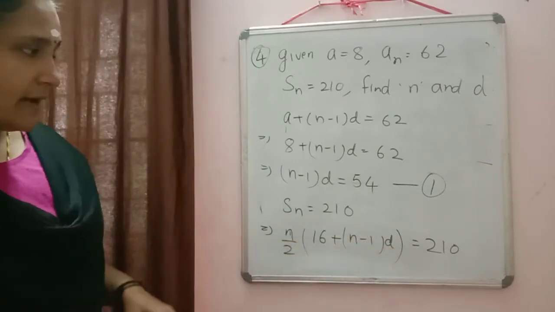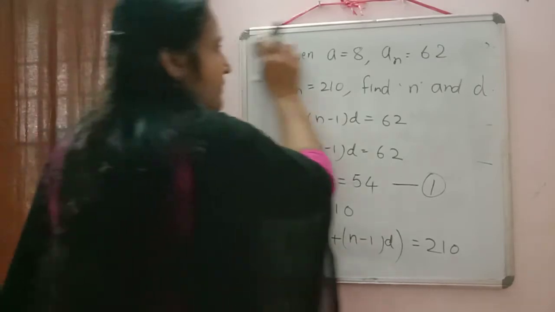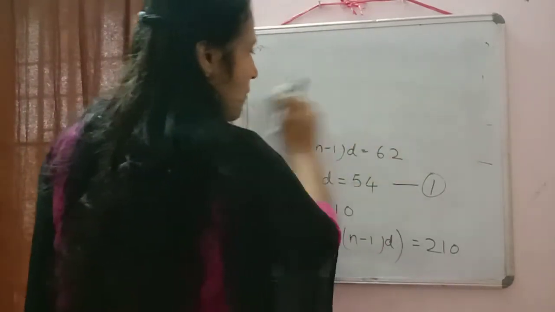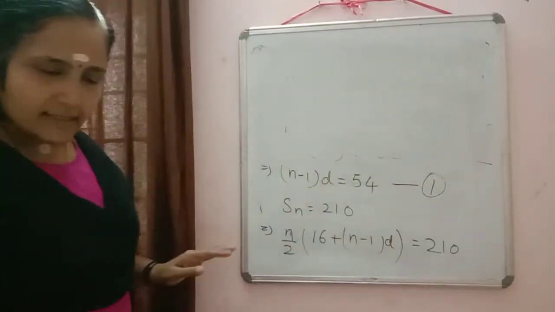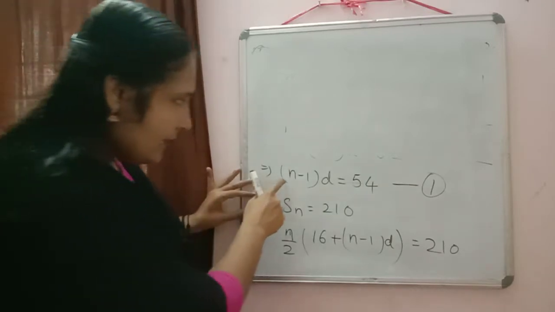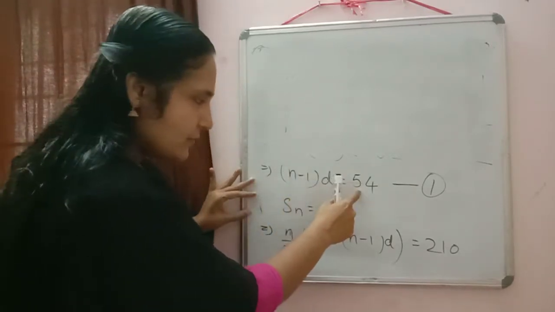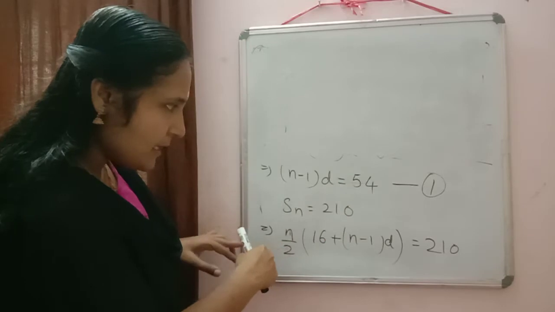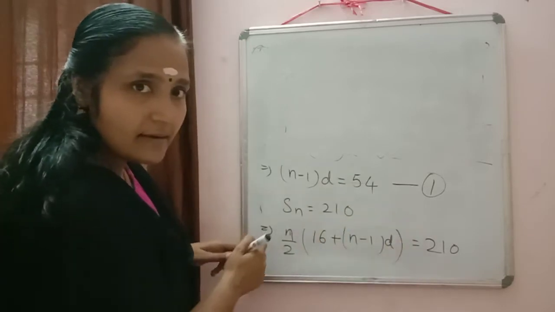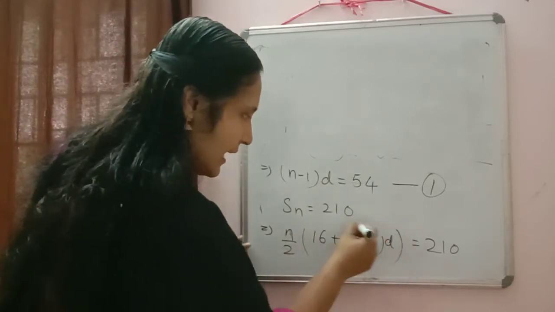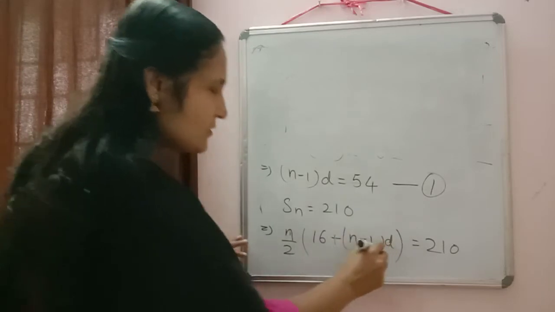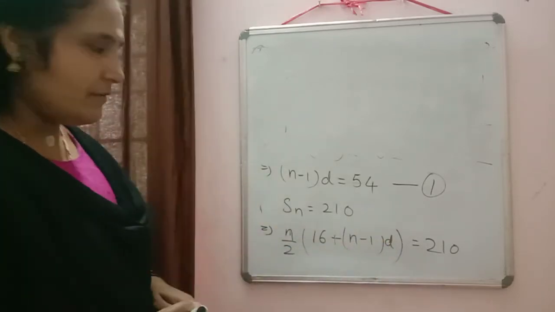So now we will check by using equation 1 whether we can convert it into one unknown only. Just check the information. n minus 1 into d is equal to 54. Do we have n minus 1 into d in this equation? Yes, here we have n minus 1 into d. So in place of this what we can rewrite? 54.